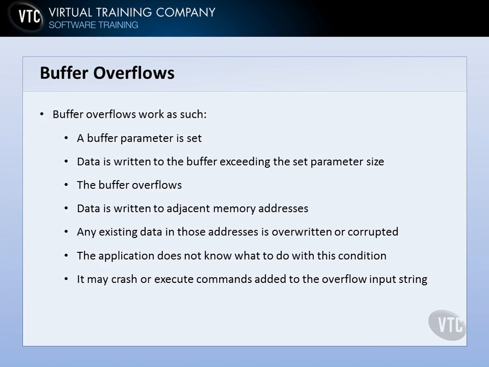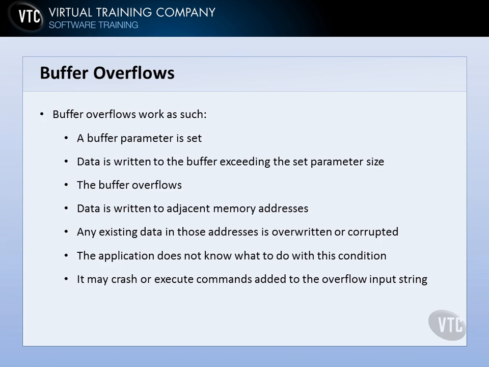In other words, if the buffer is for 15 characters and the input is 20 characters from a string, that string is transferred to that buffer and it's too big to fit in there, so it overflows it. The buffer overflows. Data can be written to adjacent memory addresses or adjacent buffers or locations in memory. Any existing data that happens to be in those addresses is overwritten or corrupted.